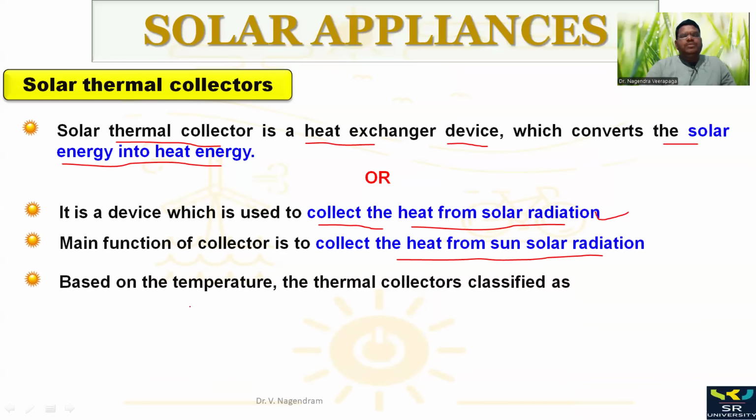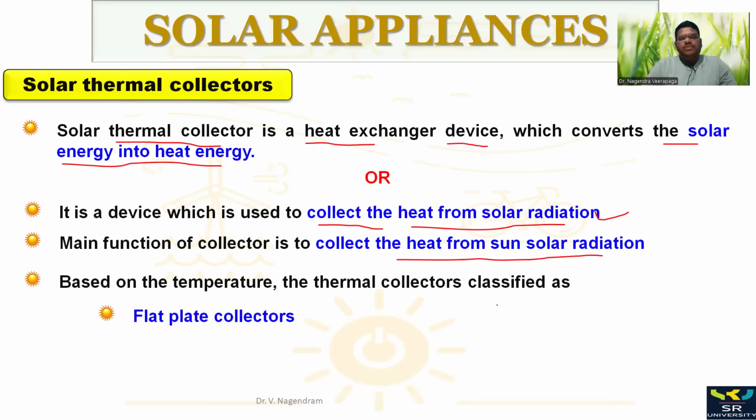Based on the temperature that can be attained using the thermal collector, we can classify it into two types. On what basis are we classifying them? Based on how much temperature we can attain using these thermal collectors.